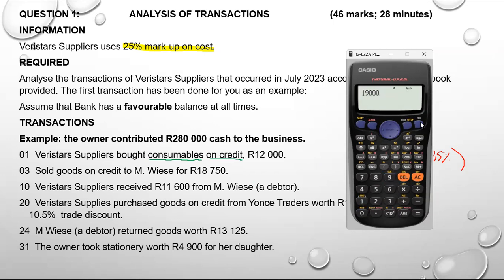19,000 multiplied by 100, shift, percentage, minus 10.5, shift, percentage, close brackets. It'll give us 17,005. So we bought goods from Yangtze Traders.